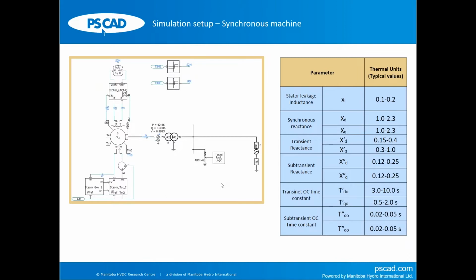This is the example that I'm going to show you later. And this is the example that I always use when I want to add a machine model to a circuit. I always open this case that I have and I copy the machine and the exciters and the governors. That way I don't have to worry about connecting these exciters and governors and wiring them.